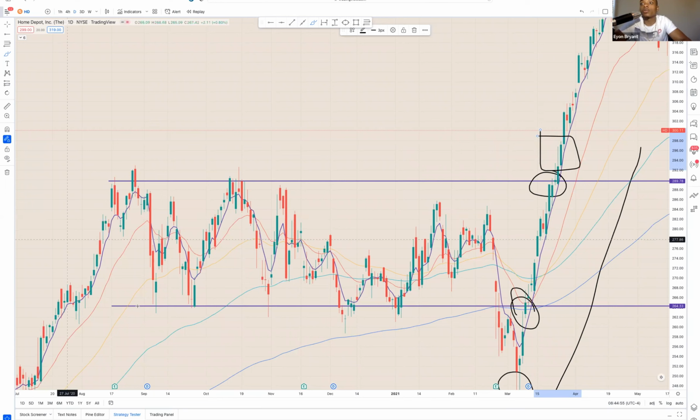And in addition, that's how you use your consolidation to trade up as well as trading down. So buying calls, buying puts, buying shares, selling shares, shorting, buying on the forex side, selling on the forex side. That's how you utilize all these actions, so that way you can be profitable and make money.